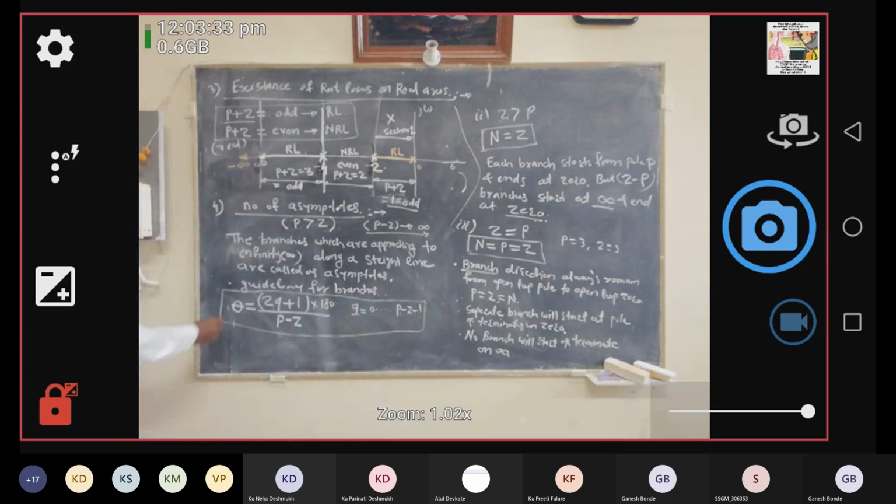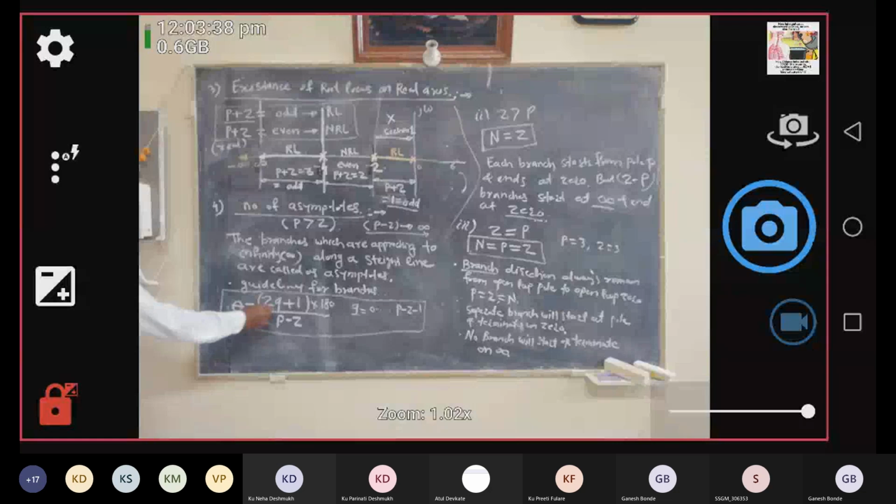So number of asymptotes is always equal to p minus z. So here as p minus z branches are approaching to infinity, तो कौन से angle से वो infinity के ऊपर approach होंगे?